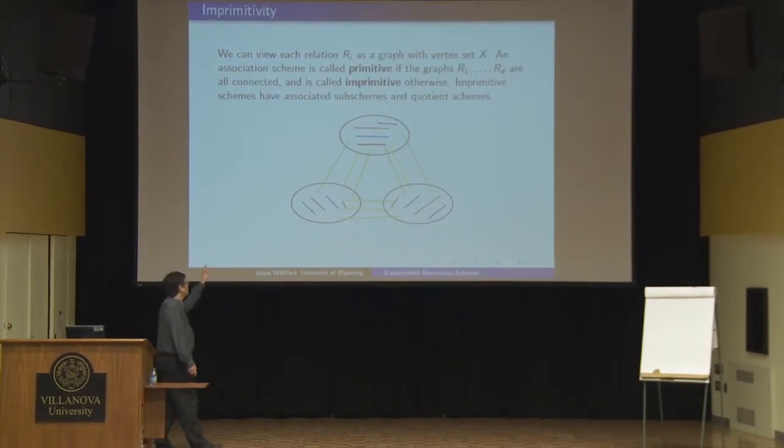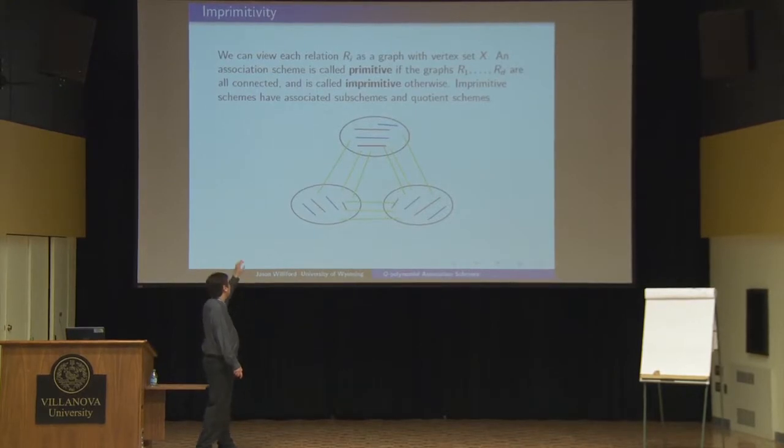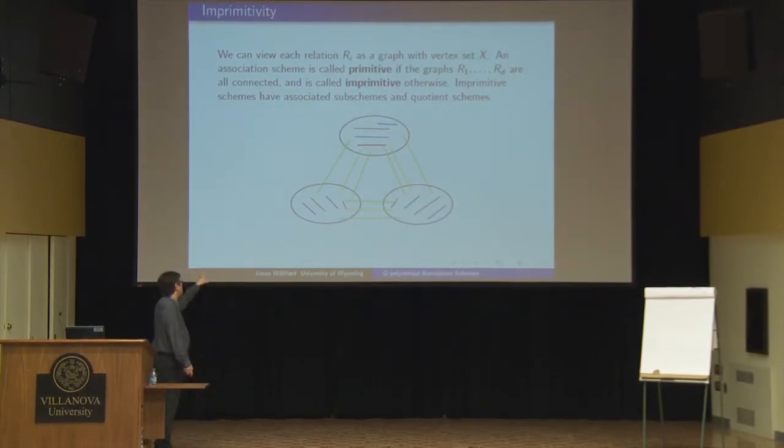There is a natural subscheme and a quotient scheme, and you can partition the points into sets, where certain relations appear within the sets and certain between. I should point out, though, that if a scheme is imprimitive, the quotient and the subschemes can be very trivial, and yet the object itself may be very interesting. So imprimitive doesn't mean boring.